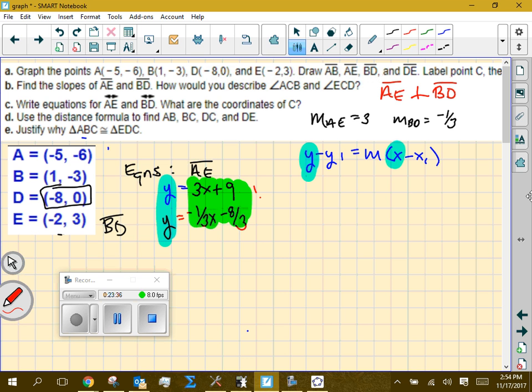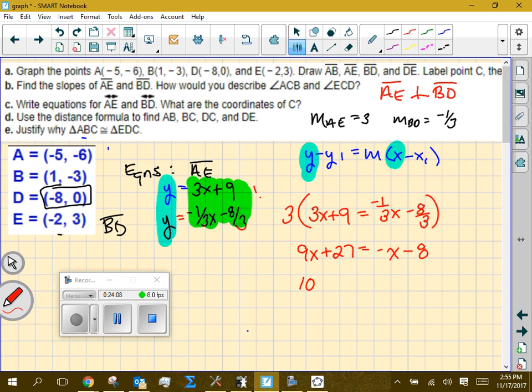So I'm going to write an equation that says 3x plus 9 equals -1/3 x minus 8/3. And we use the substitution technique of systems of equations to solve for x. I don't like that fraction stuff, so I'm going to multiply everything by 3. And so give me 9x plus 27 equals -x minus 8.